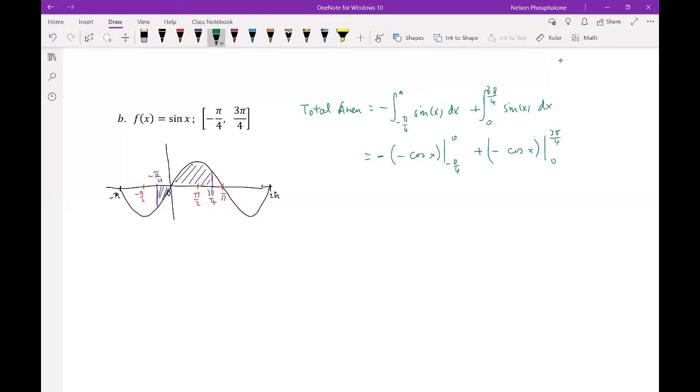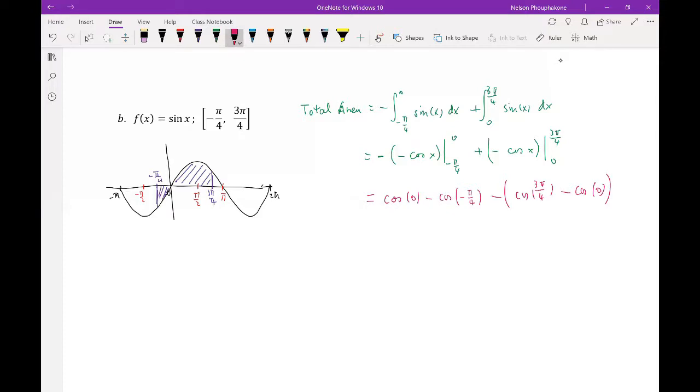Now I will have cosine of 0 minus cosine of negative pi over 4, then subtract cosine of 3 pi over 4 minus cosine of 0.